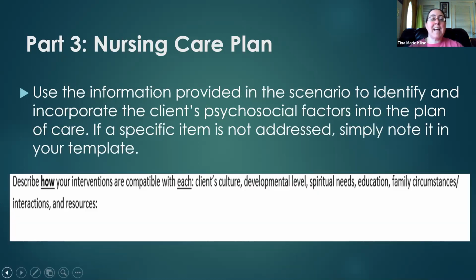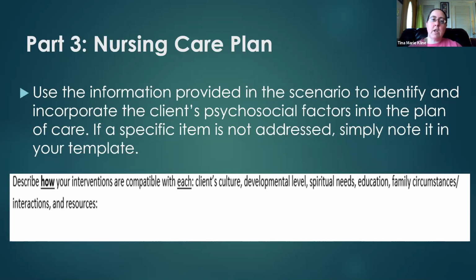For the psychosocial piece, and this is really, really important because this piece of the care plan addresses your ability to meet the clinical behaviors for consumer-centered care. I said in yesterday's session, all of these relate back to specific behaviors in your weekly clinical evaluation.